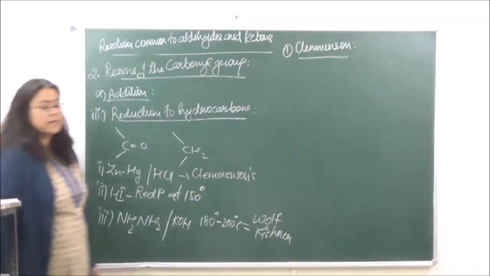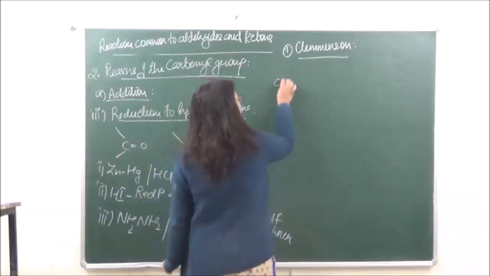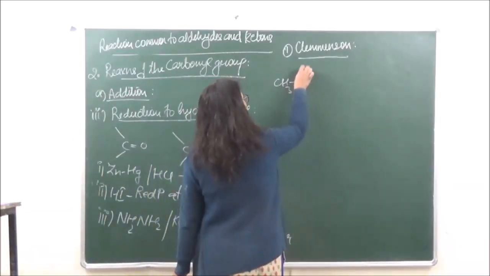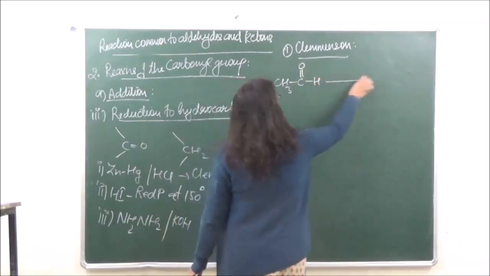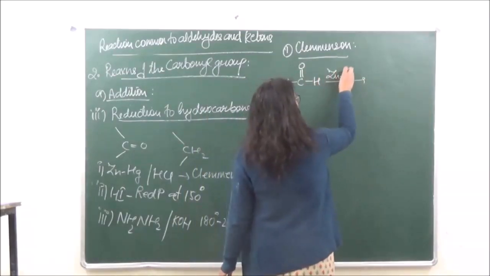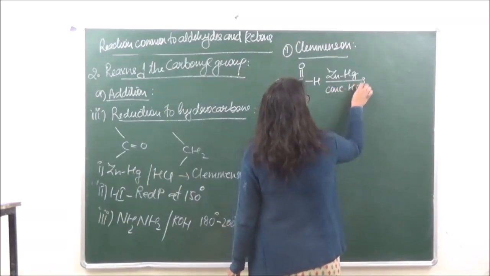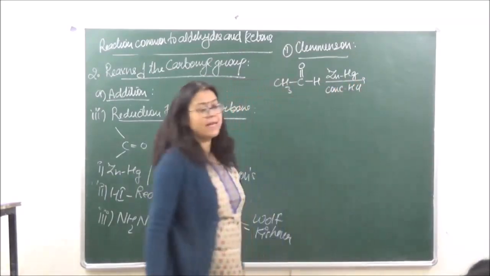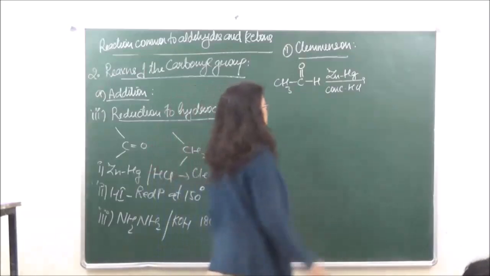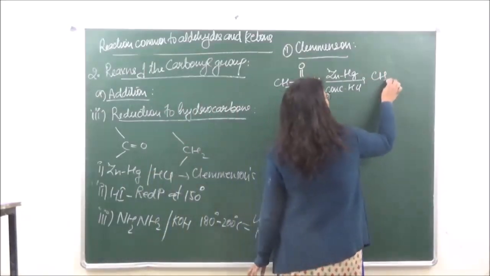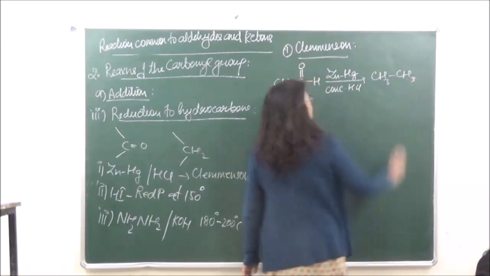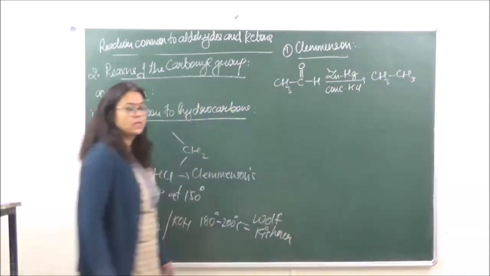So we're taking an aldehyde, and we are going to get a hydrocarbon with the same number of carbon atoms present in the reactant. So we will get CH3 and CH3.